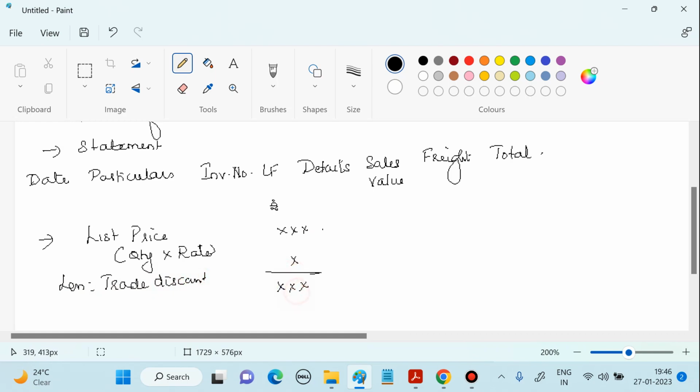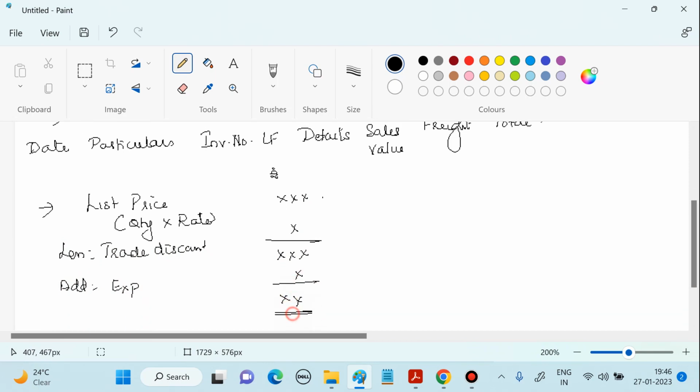And on the amount which is there, we would add any expenses like freight or carriage or cartage or packing, whatever it is. And whatever amount you get, that is the invoice price of the goods that has been sold. Clear?